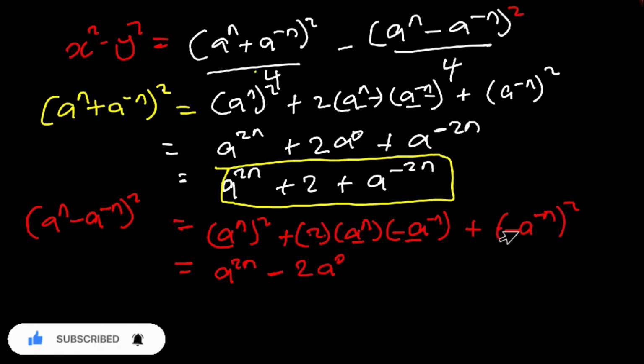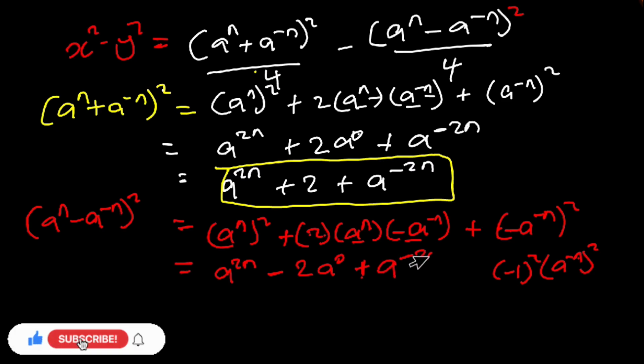So this negative sign is going to turn to positive because this thing means negative squared multiplied by a raised by negative n squared. Alright, so negative 1 squared is 1, which is going to give us positive. Then a raised by negative n squared is a raised by negative n times 2, which is negative 2n, so it's going to be plus a raised by negative 2n. So this is what we got for the y part.